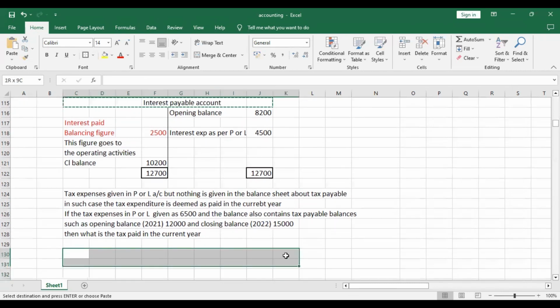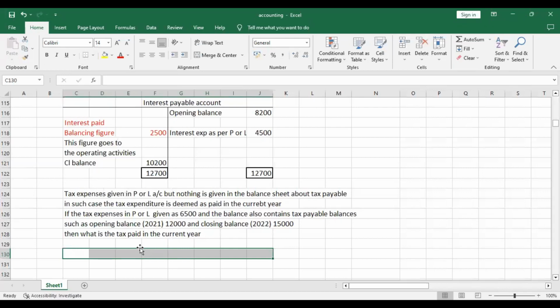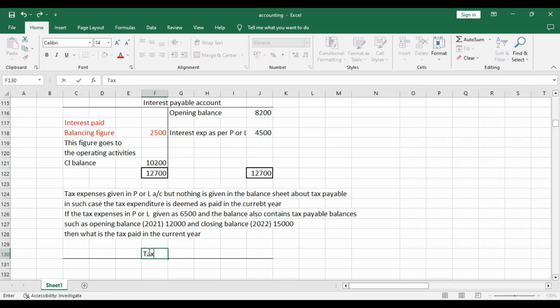So you have to prepare a small T account again, because accounting students are always advised to prepare the account format. That is easy to understand. Okay, tax payable account, so T account.